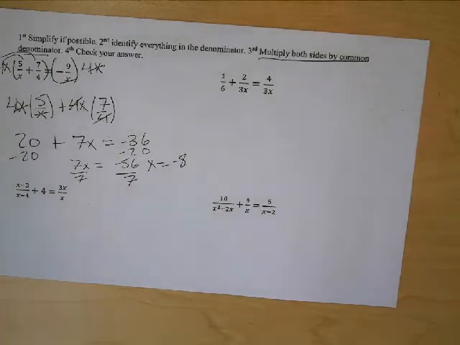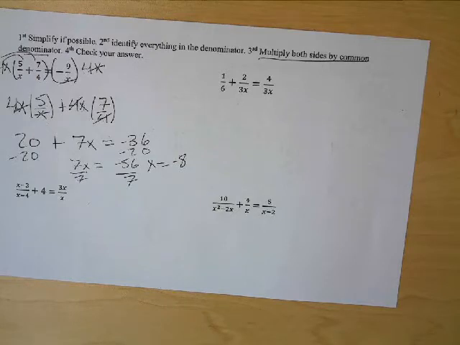So I notice I have a 6. I notice I have a 3x. So what would my common denominator be in this case? Well, you can multiply the 3x by 2 and the 6 by x. The 6 will take care of the 3 in the denominator, right?